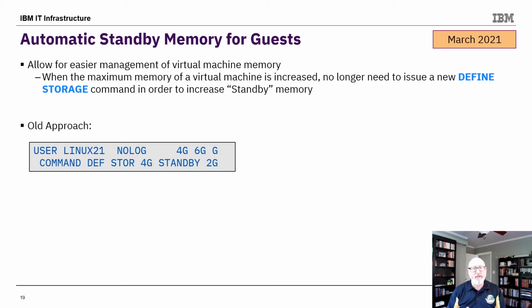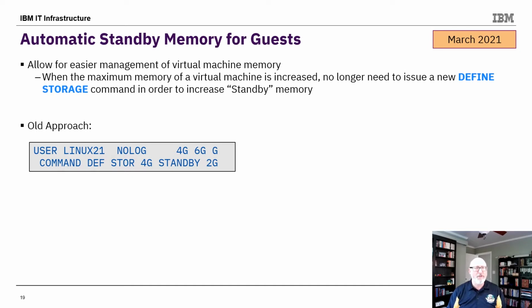So the idea is that you have a virtual machine, shown here in the example, LINUX21, where you want to have an initial amount of memory, 4 gig, but you want to be able to go up to 6 gig, right? And then the second statement there, the command defines storage for 4 gig standby 2 gig, indicates that the difference between 4 gig and 6 gig is going to be defined as standby memory, right? Defining it as standby memory makes it eligible to be brought in dynamically to the guest without re-IPLing.